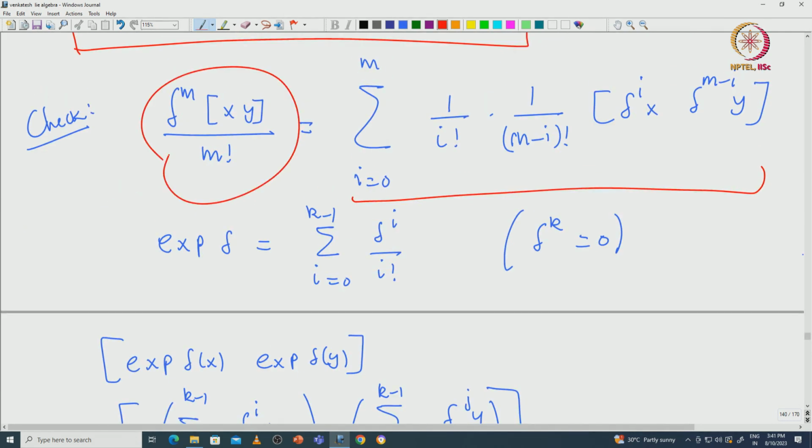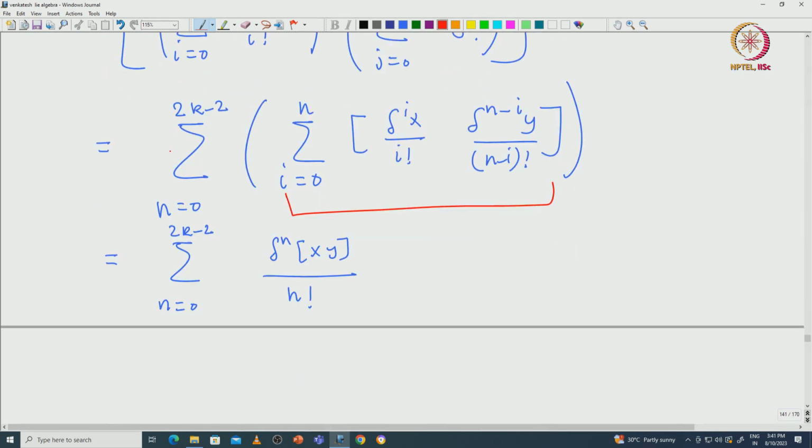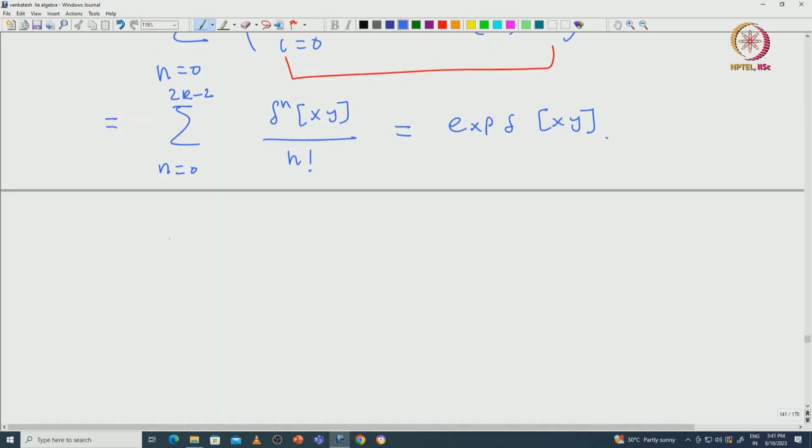This is equal to the exponential of delta applied to the bracket x y. So, that proves that exponential of delta is indeed a Lie algebra homomorphism.